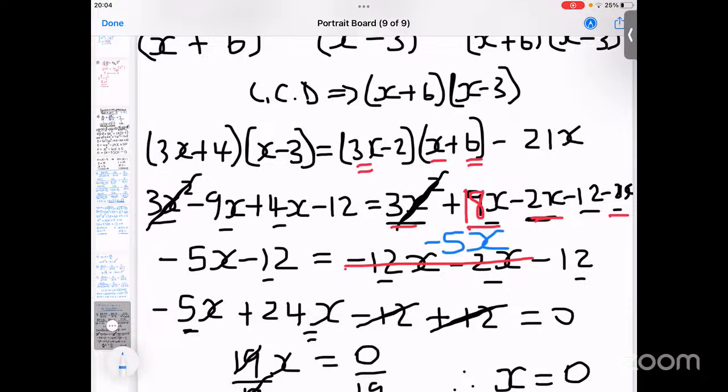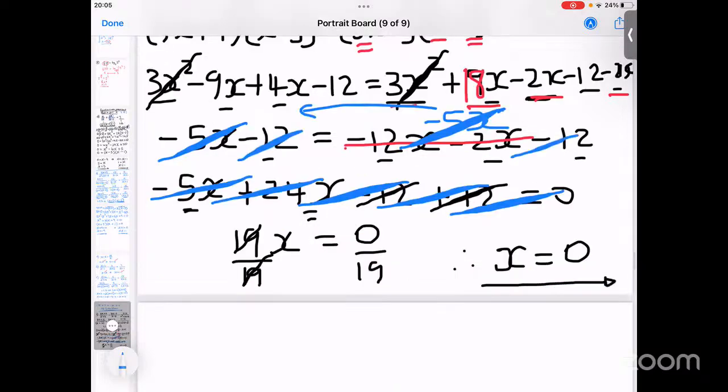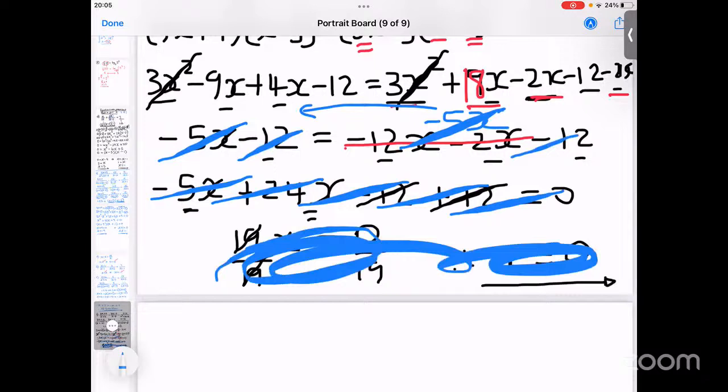That's why you guys are saying it's an error, because when you take that -5 to the other side, it becomes positive, and then it completely cancels with that one. Even with the 12, you take it to the other side, it cancels with that one. And that is why you end up with no solution. Yes, now I agree.